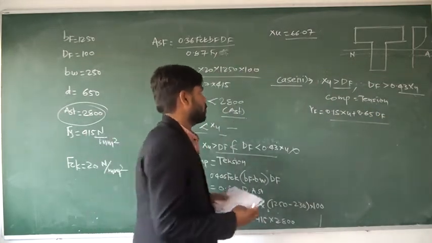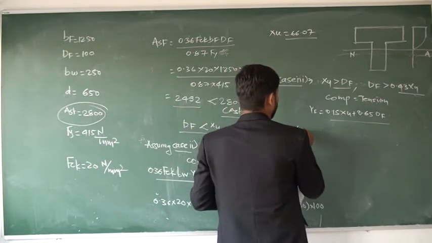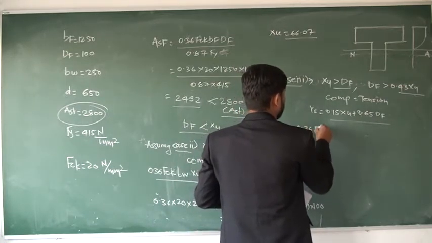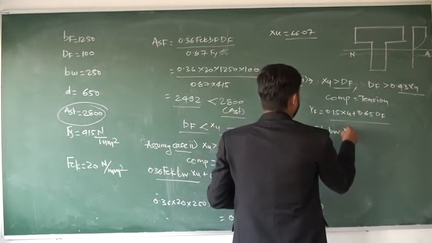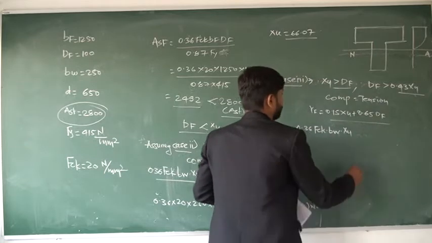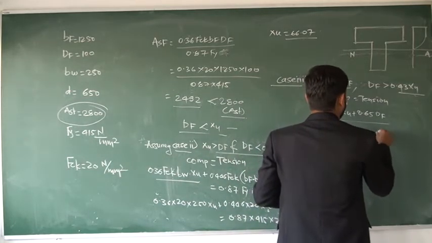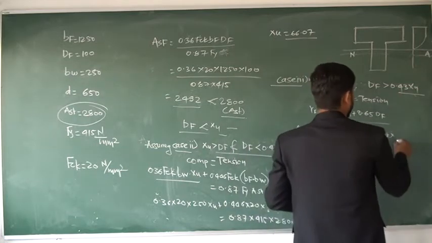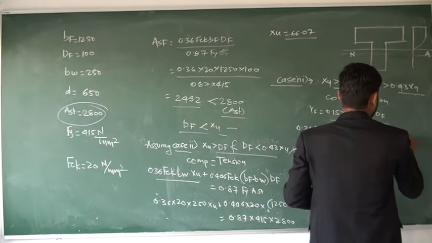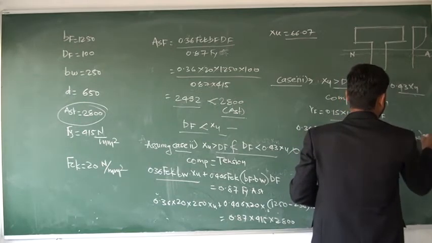Okay. Now compression is equal to tension. Compression in web plus compression in flange. So compression in web is 0.36 fck bw into xu, plus 0.446 fck (bf minus bw) into yf.